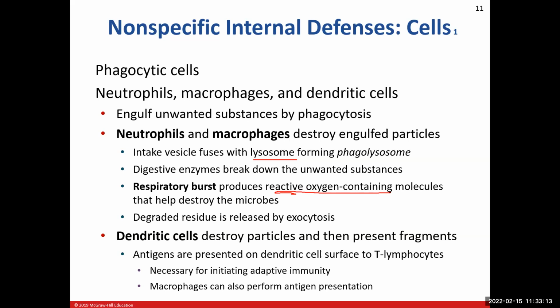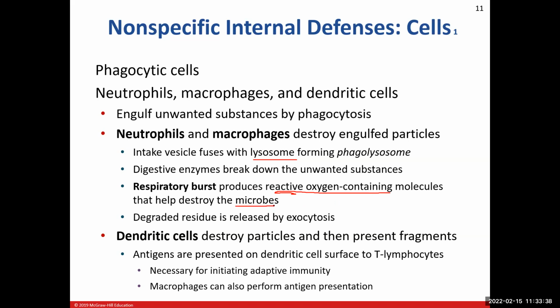They are so volatile, in a good way, they're just going to go and tear apart whatever they come in contact with. And it's a controlled environment there. So when the respiratory burst occurs, these reactive oxygen-containing molecules will just go in there and destroy any microbes that cell has engulfed.